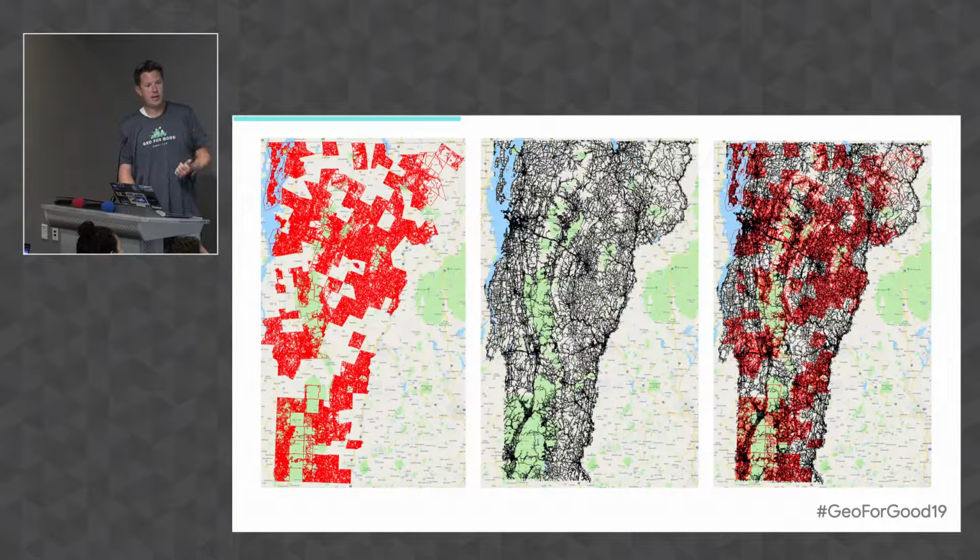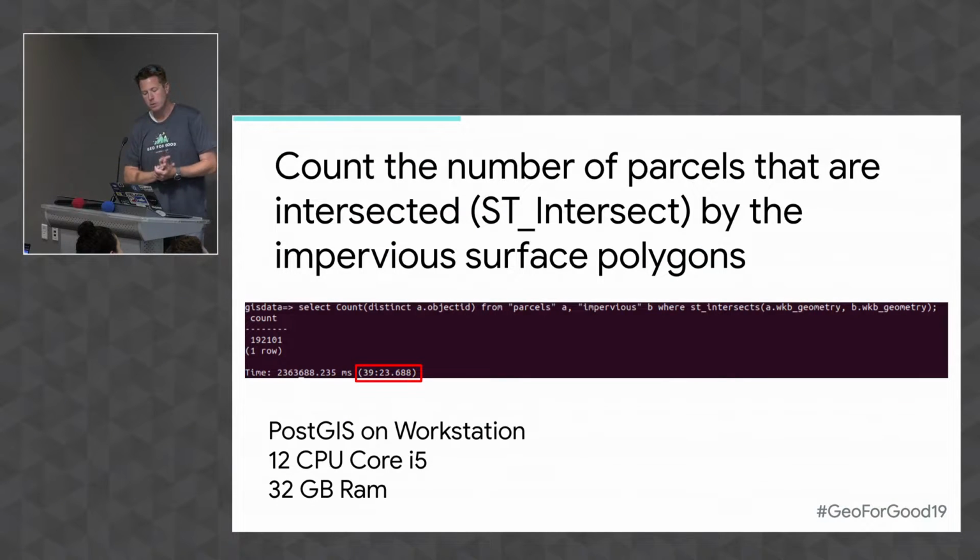So when you do this today, they're probably going to do it in ArcGIS or QGIS or maybe in PostGIS. So let's take a look at PostGIS. What we'll do is write a SQL query that says, give me the count of the distinct number of parcels that have an intersection with the impervious layer. This was done on a pretty nice workstation, my Google workstation.